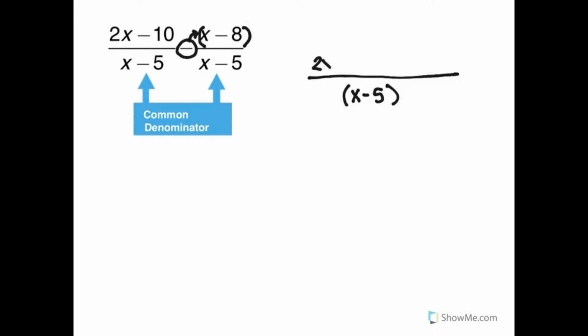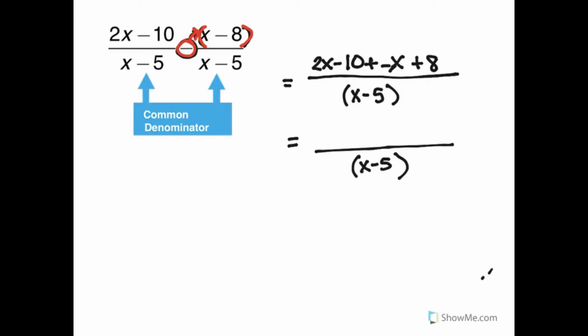So 2x minus 10 is added to negative x and negative 8, which is positive 8. That's a really tricky part of subtraction because the parentheses around the numerator are invisible. But the minus sign applies to both terms, so watch out for that.